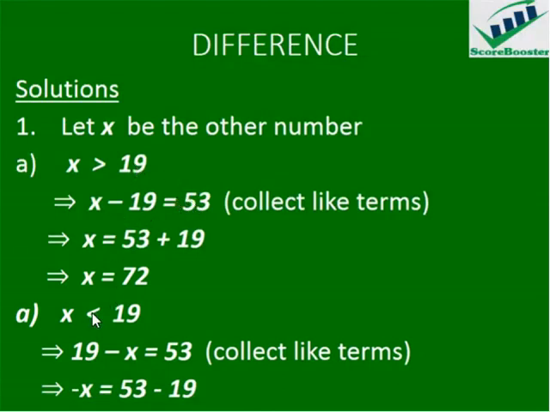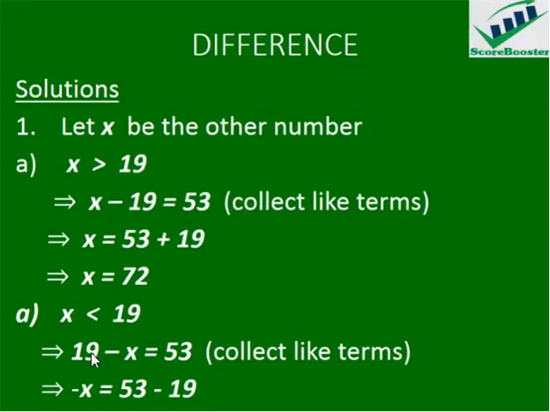But when that number is now less than 19, for us to get a positive difference, we have to subtract that number from 19. To get a positive difference, you have to subtract a smaller number from a larger number. Since that number is less than 19, we have to subtract that number from 19. But when the number is greater than 19, we subtract 19 from the number.